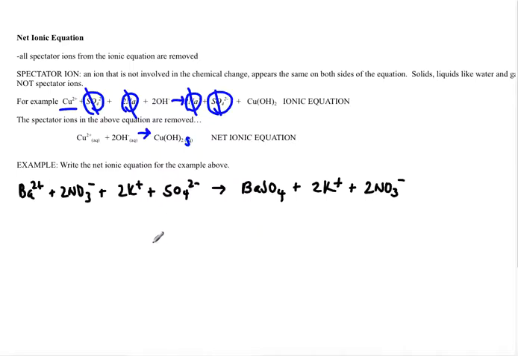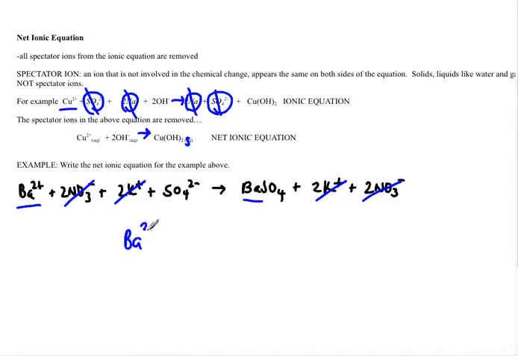So I've already written out the ionic equation that you have from our example. And what we want to do is identify the spectator ions. So barium has changed. Nitrate is the same before and after. Potassium is the same before and after. And the sulfate has changed. So my spectators in this case are the potassium and the nitrate ions.